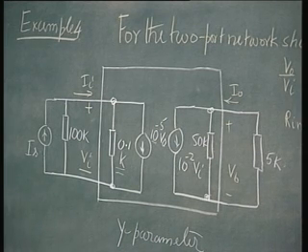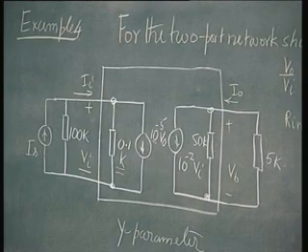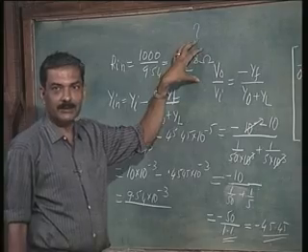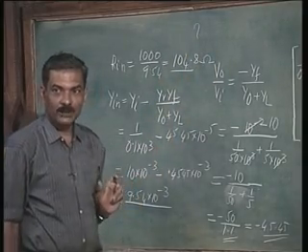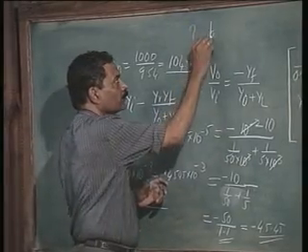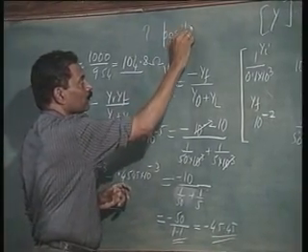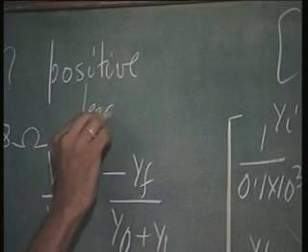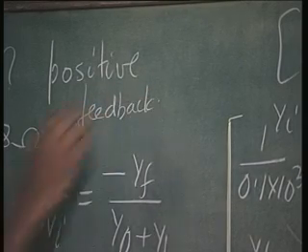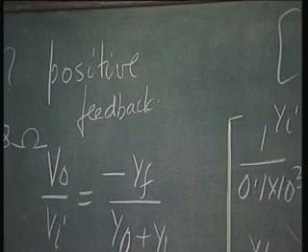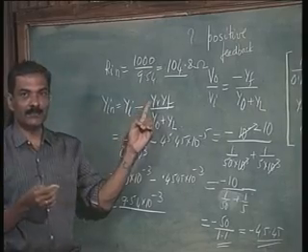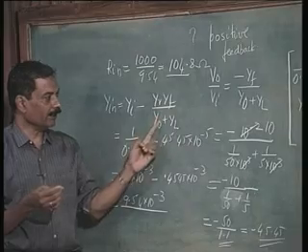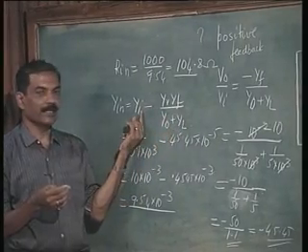So why is this impedance more than the self impedance at the input port? That is because it is simulating a negative resistance, and the effective resistance is more than the original impedance. This is called positive feedback. How do we recognize that it is positive feedback? What is the factor responsible for this? It is YR into YF divided by Y0 plus YL, which is coming additionally.